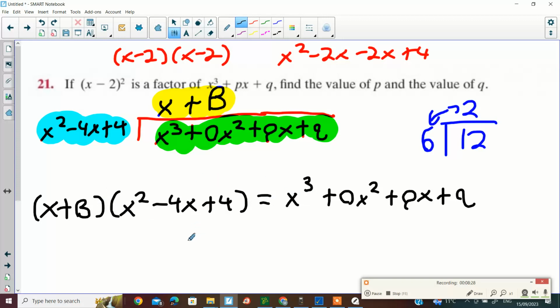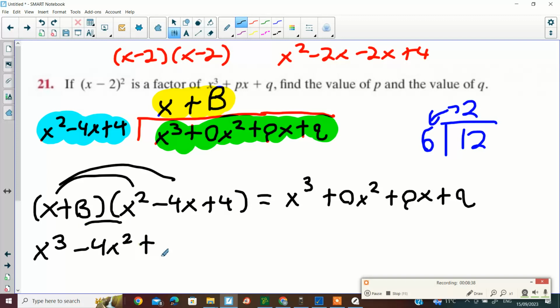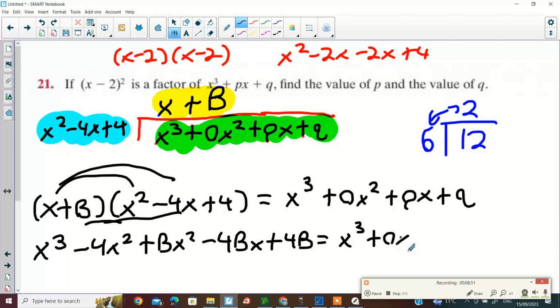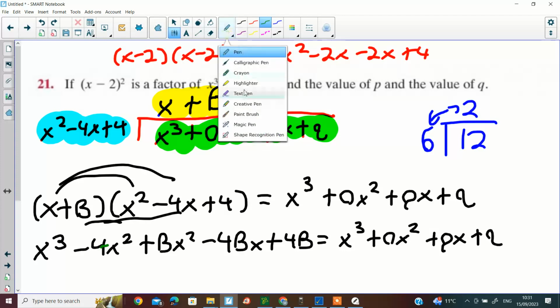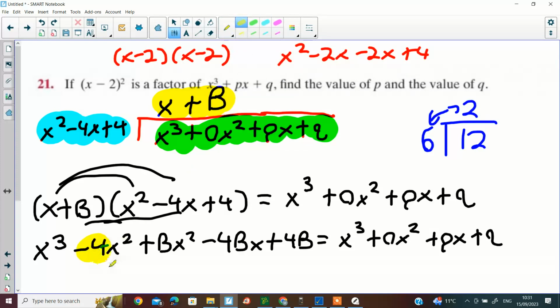Okay. Multiply these out. Okay. Anybody got a value for B?